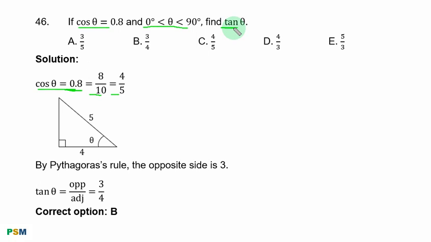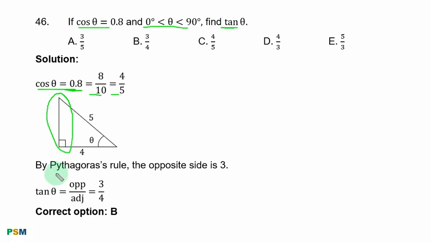To get it, you draw a right angled triangle using the information about cosine. So here is the acute angle. You have hypotenuse, adjacent. This other side is the opposite, unknown.